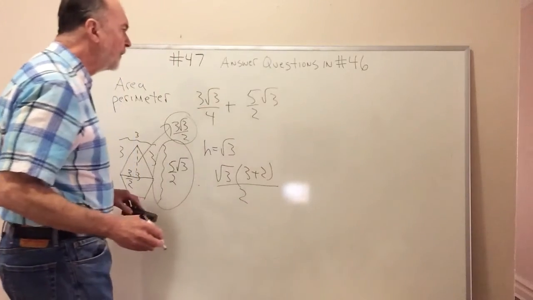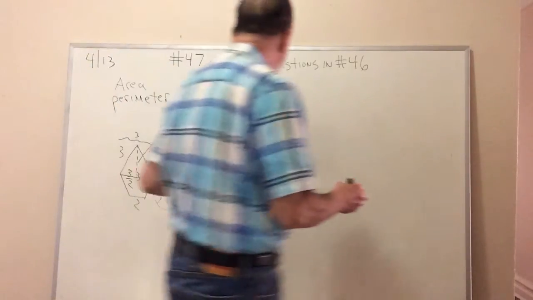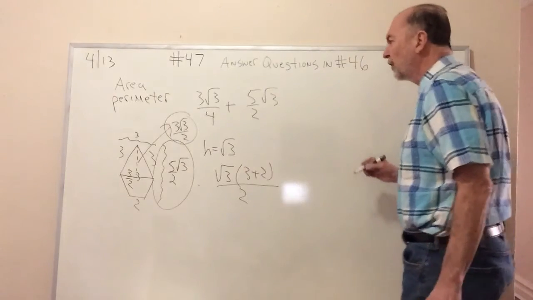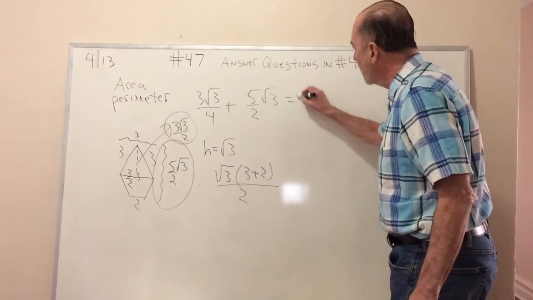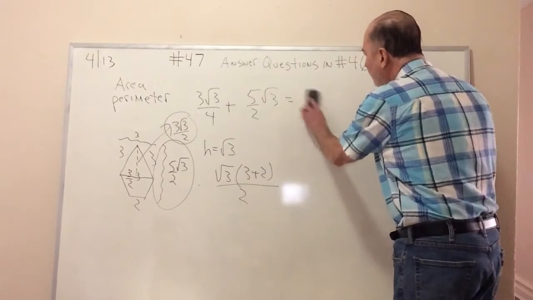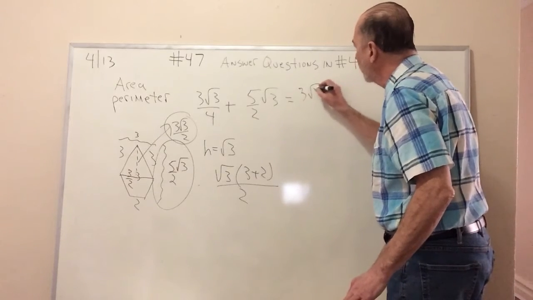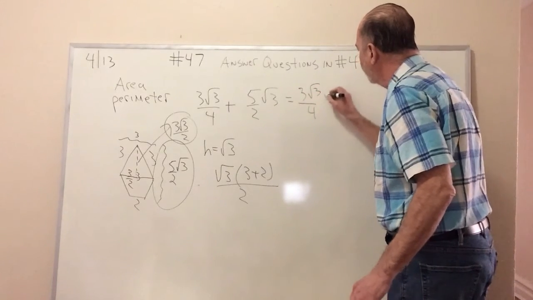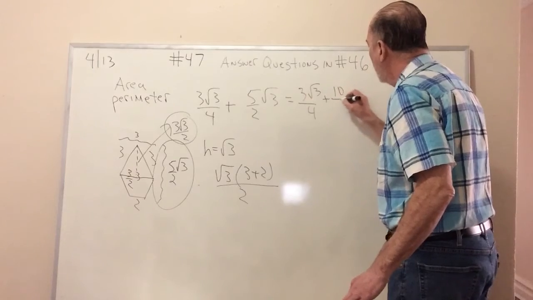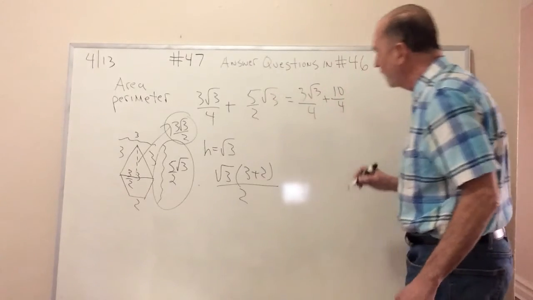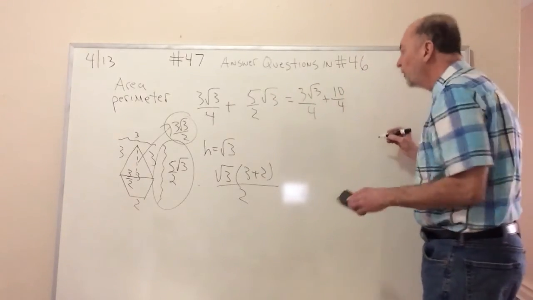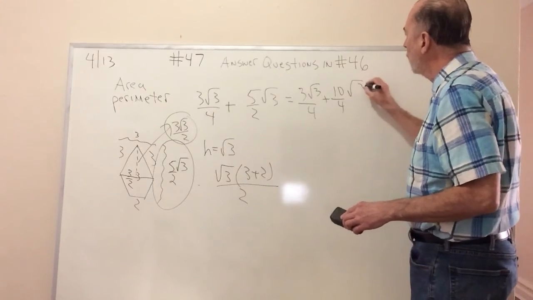Oh, I remember from 6th grade that I can't add the fractions unless the denominator is the same. So I rewrite, and I have 3 radical 3 divided by 4 plus 10 over 4 radical 3. I just doubled everything. 5 over 2 is equivalent to 10 over 4, as you well know.